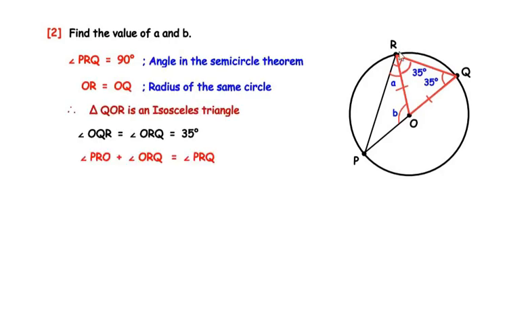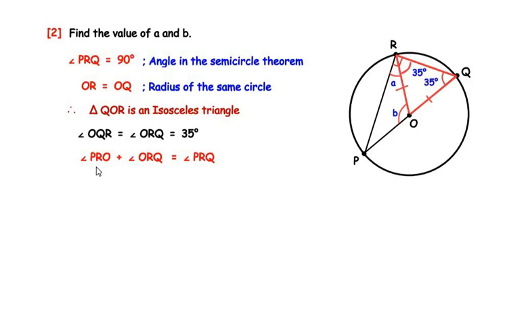So here we have written angle PRQ is going to be 90 because of the angle in the semicircle theorem. And since the two sides OR and OQ are equal, that is the radius of the same circle, triangle QOR becomes an isosceles triangle, making these two angles 35 degrees. Now let us focus on the angle made at point R. That is angle PRQ is made up of two angles, that is angle PRO and angle ORQ.